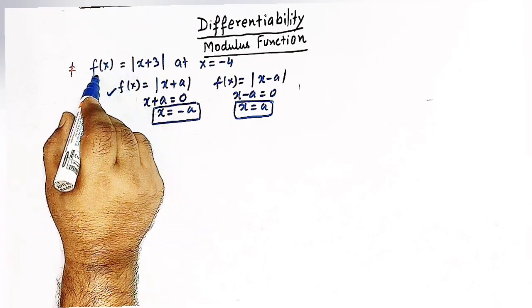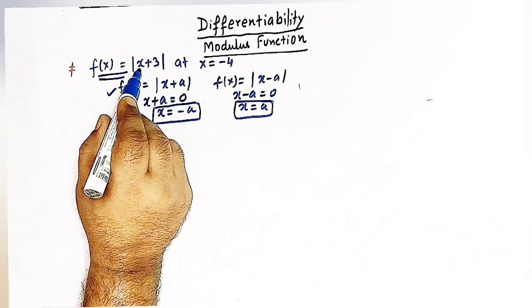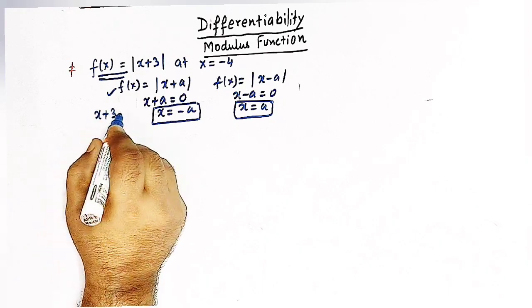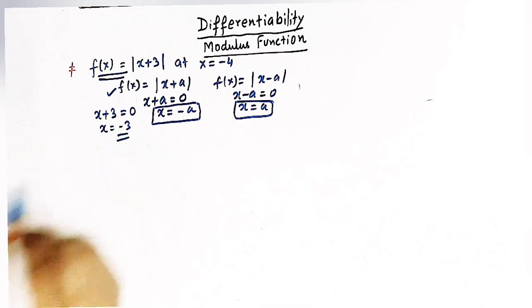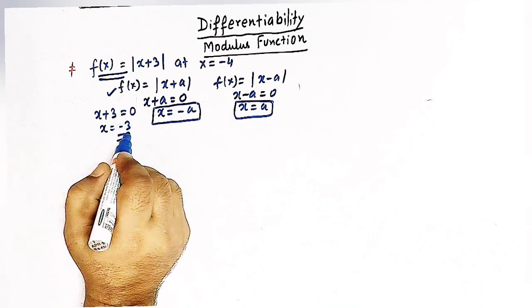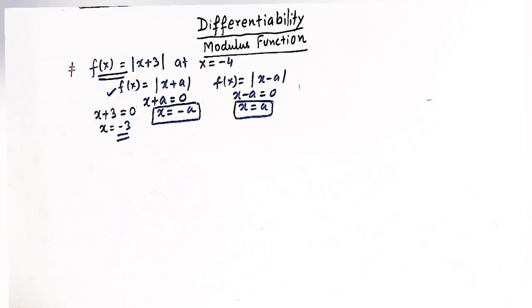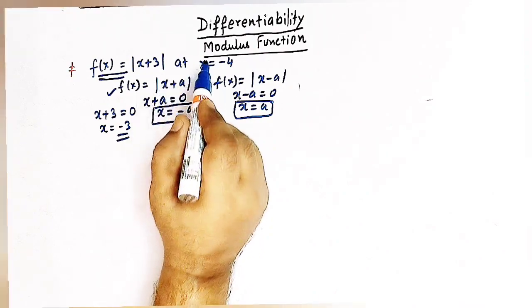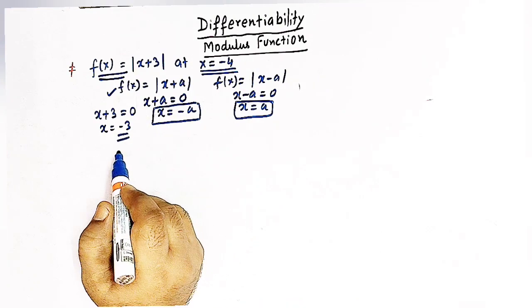This function is continuous for all real numbers, but it is not differentiable at the point where x plus 3 is equal to 0, that is x is equal to minus 3. This is the only point where f of x is not differentiable, and it is differentiable at other points. Here we are taking the point x is equal to minus 4.